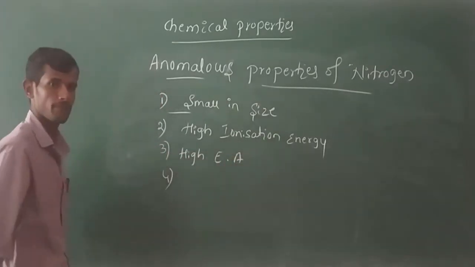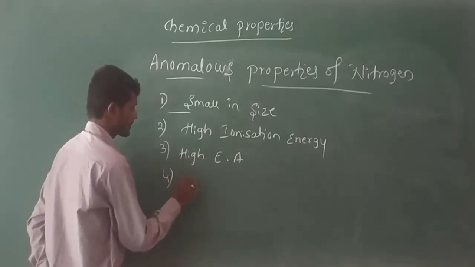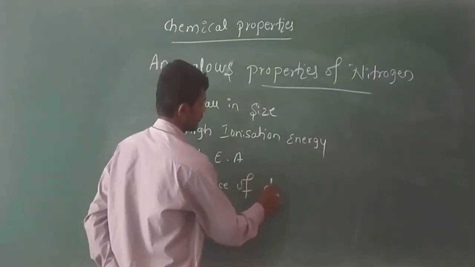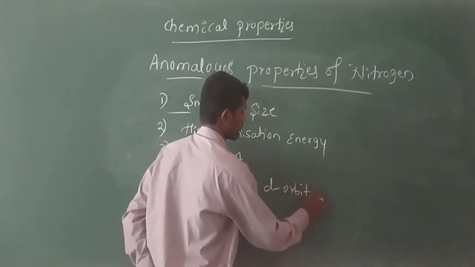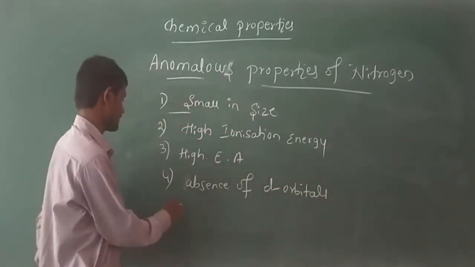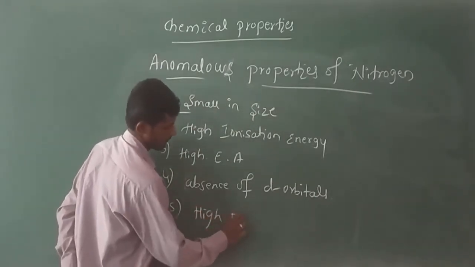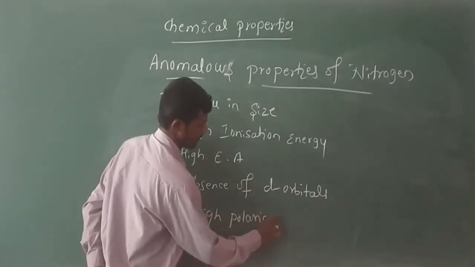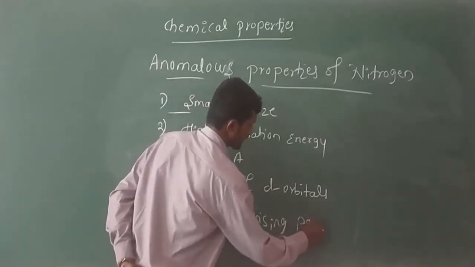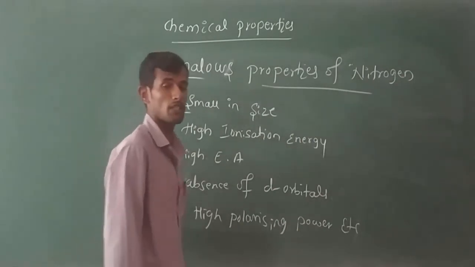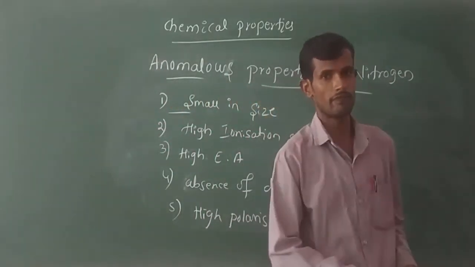Next, absence of d orbitals. Another point, high polarizing power. These are some anomalous properties of nitrogen.